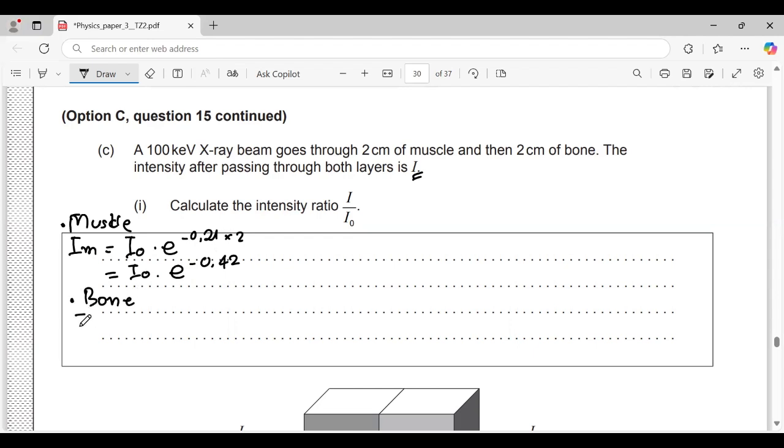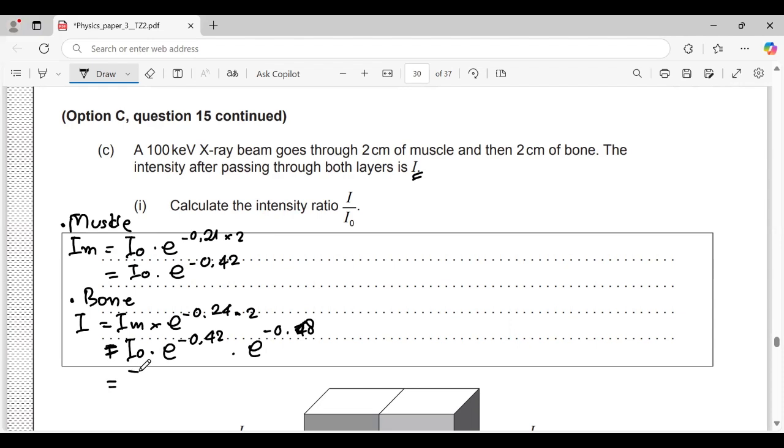So I equals IM times e to the power minus 0.24 times 2, substituting this one, I0 e to the power minus 0.42, times e to the power minus 0.48, because 0.24 times 2 is 0.48.